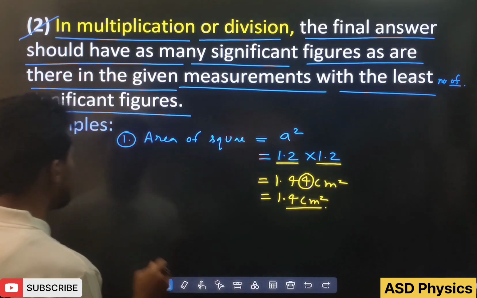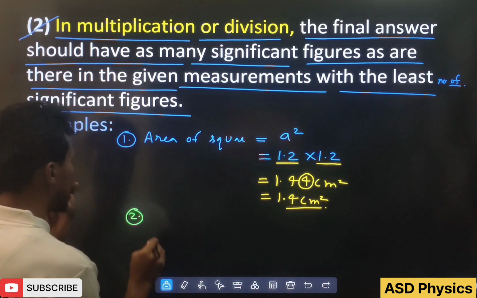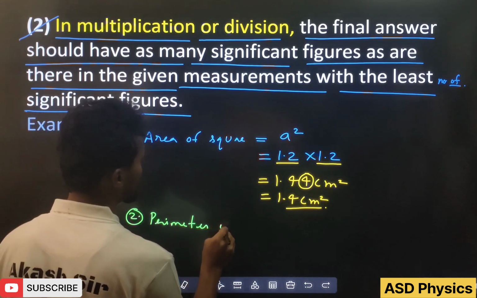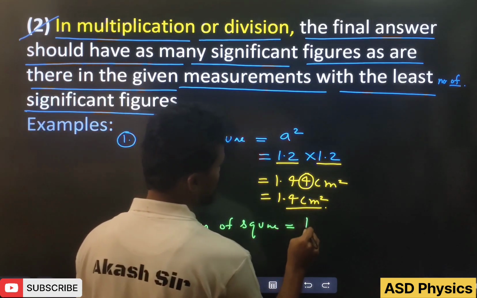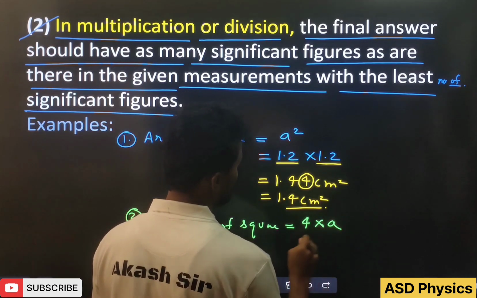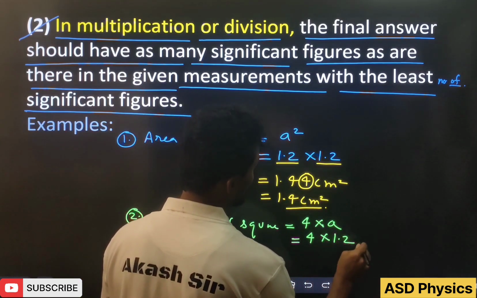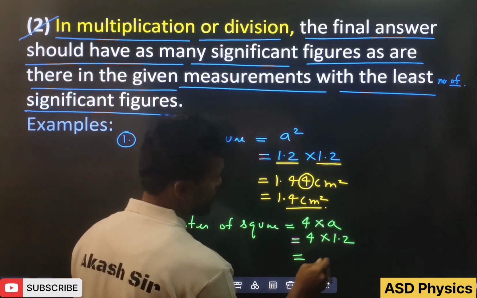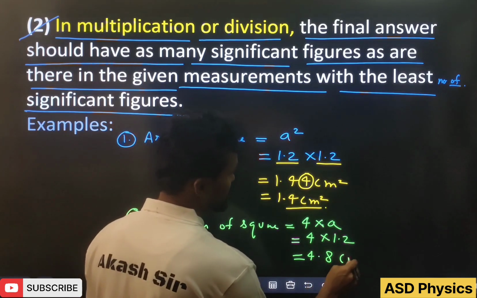Okay, great. Next one after that, the second one I am going to take: perimeter of a square. It is given by 4 into a, correct? So 4 and here a is 1.2 centimeter. 4 into 2 is 8, 4 into 1 is 4, so 4.8 centimeter.